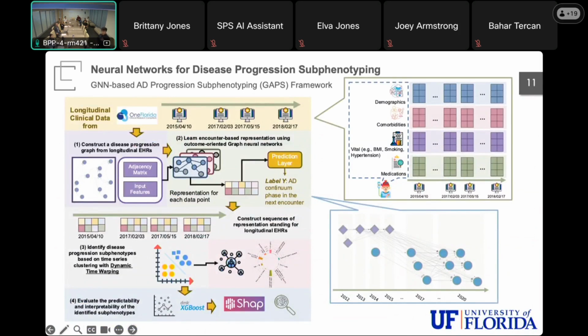I would like to say why I chose graph neural networks to learn the representation: graph neural networks can learn the correlation between two single encounters. But other frameworks like LSTM or the sequence-to-sequence transformer can also learn the representation, but you cannot learn the cross-patient encounter information. That's why I chose the graph neural network.